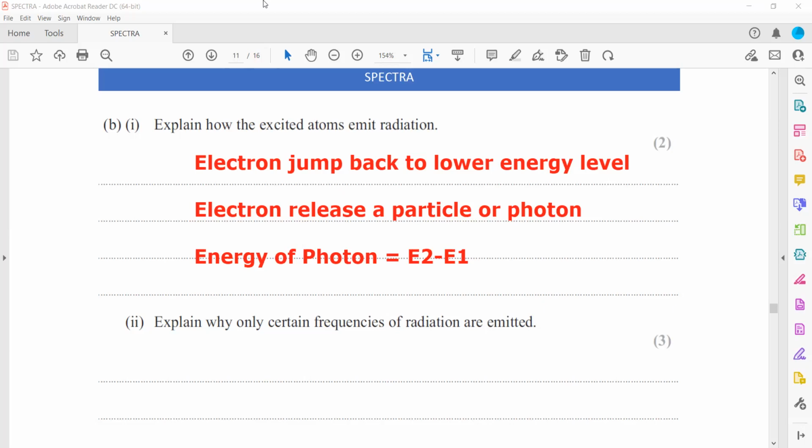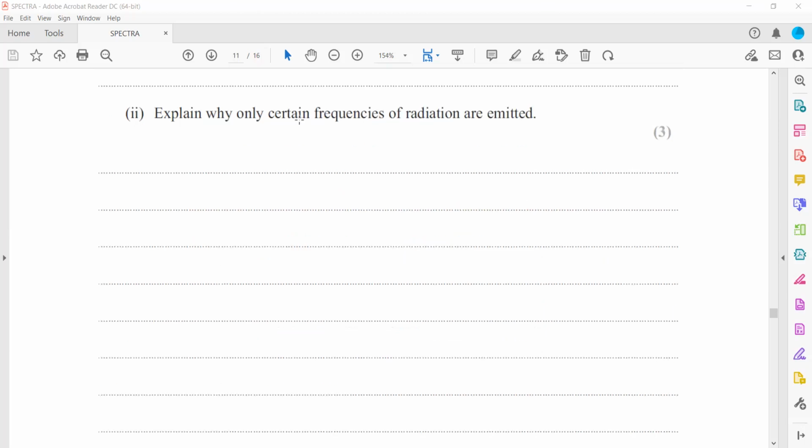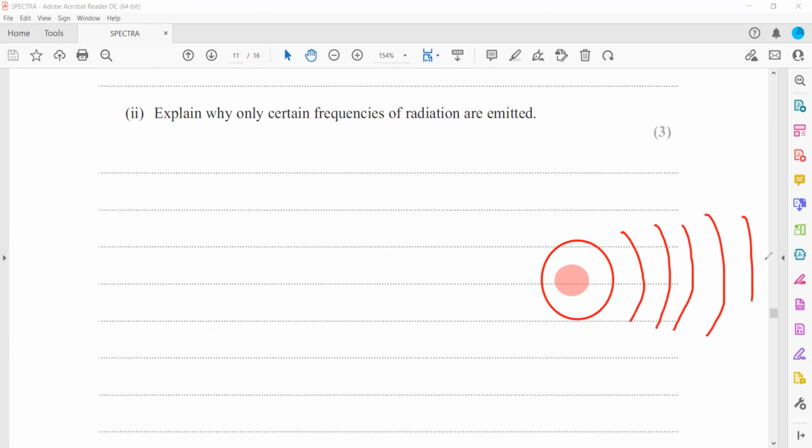Say if you have a mercury atom, this is the nucleus, and then there are 7 shells: K, then L, M, N, O, P, and Q. These shells have a definite distance or gap.